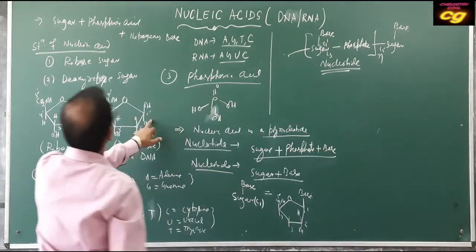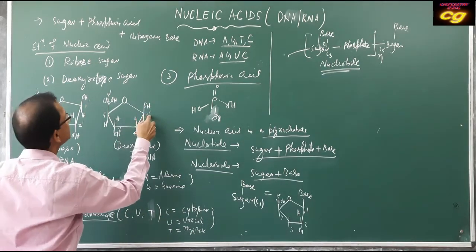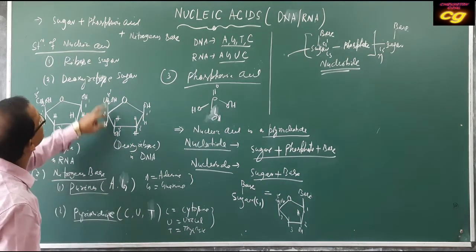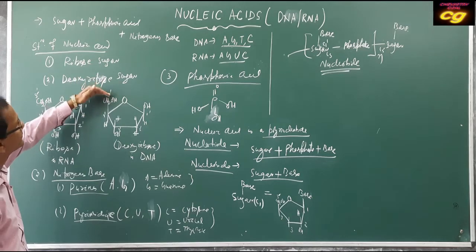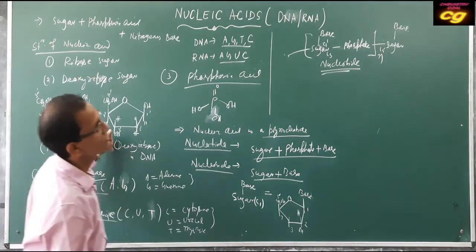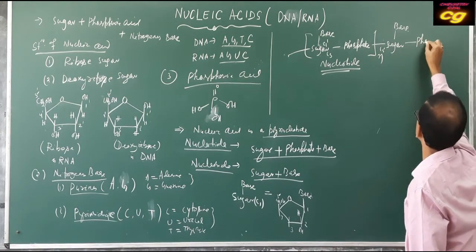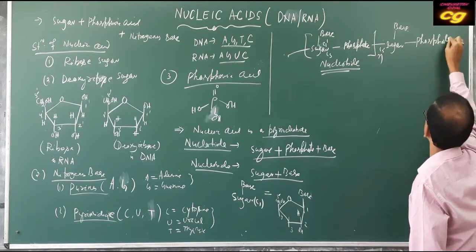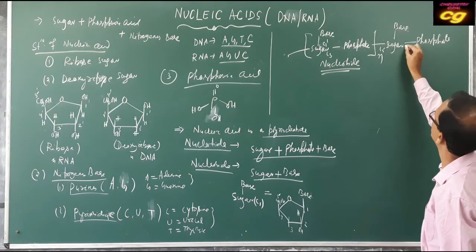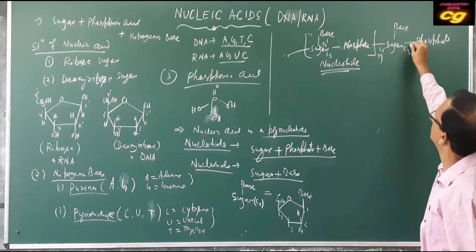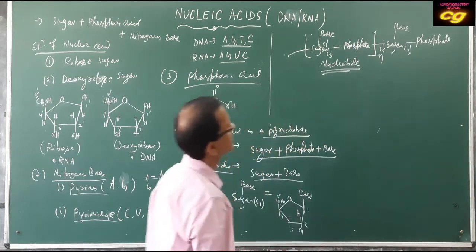Here this position is attached to base. The base is attached at the C1 position, and the phosphate linkage is at the C3 and C5 positions. One end is phosphate, another end is phosphate. This is C5, this is suppose C3: C3', C5', C5', C3', like this it is attached.